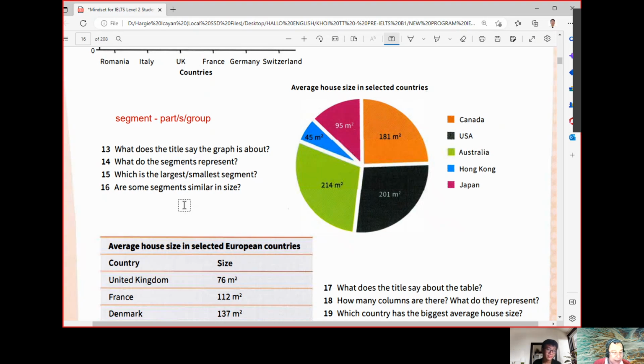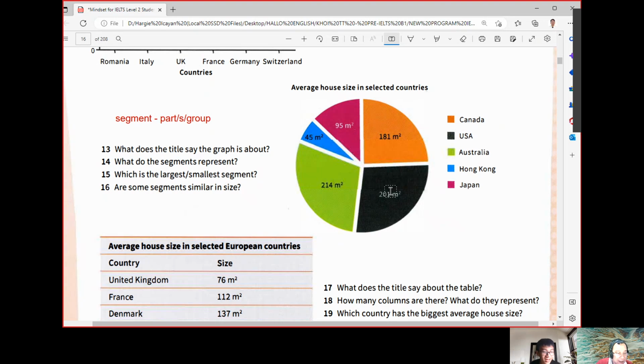So actually the largest would be Australia, and then after that would be USA. Next, the smallest one, that would be Canada.